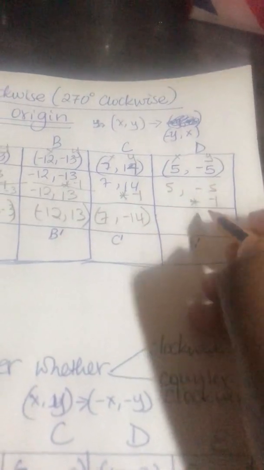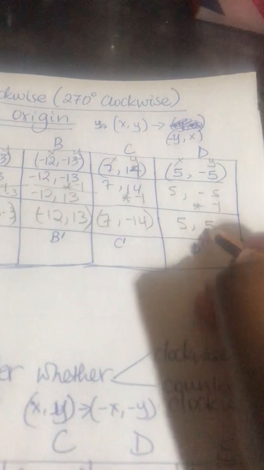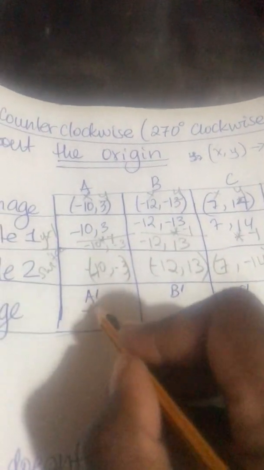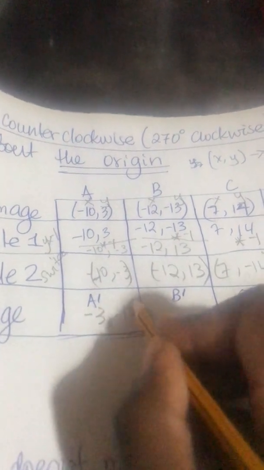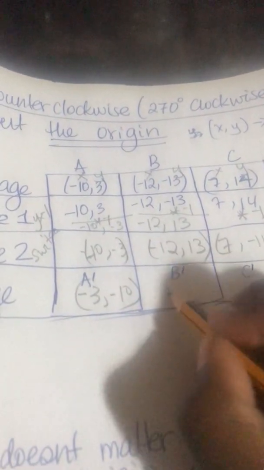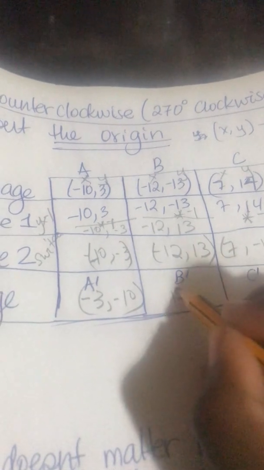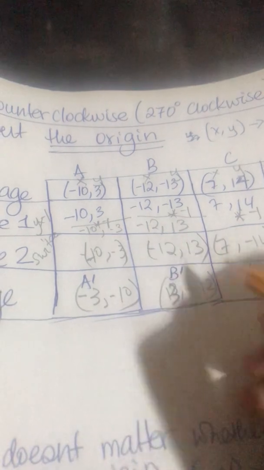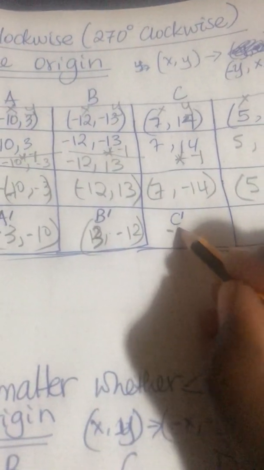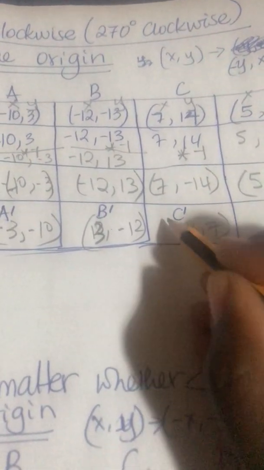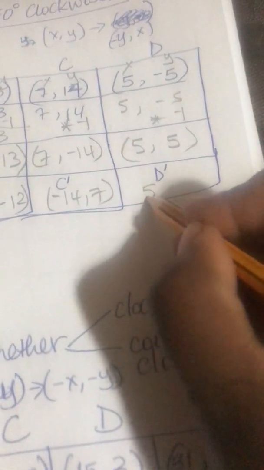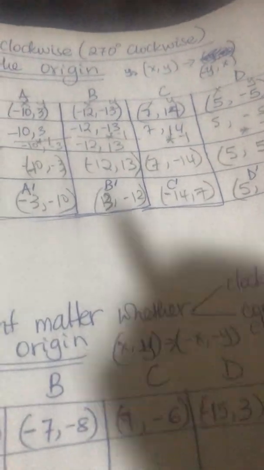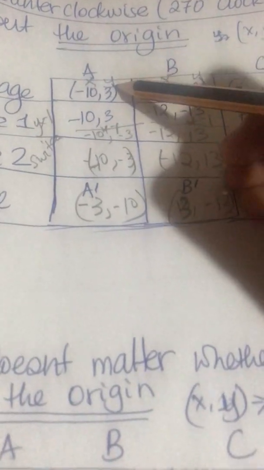Multiply this with -1. You will get 5, 5. And then now you need to switch. Your answer is -3, -10, 13, -12, -14, 7, and 5, 5.